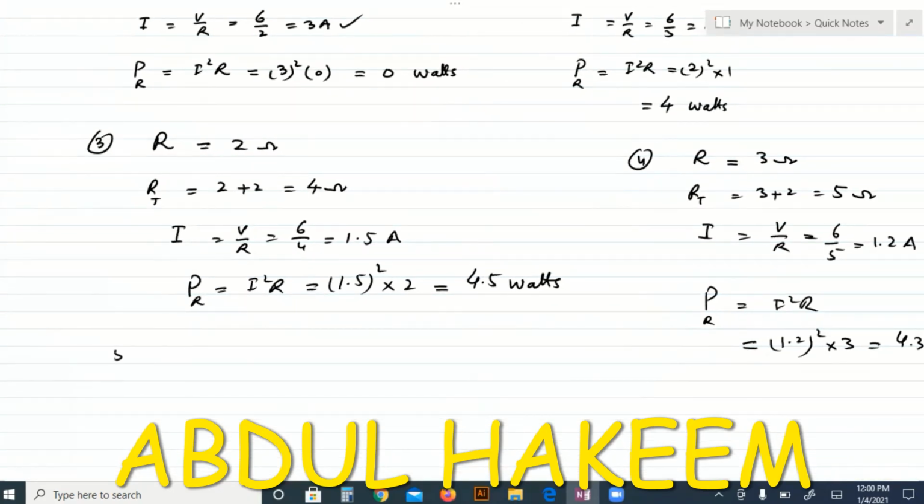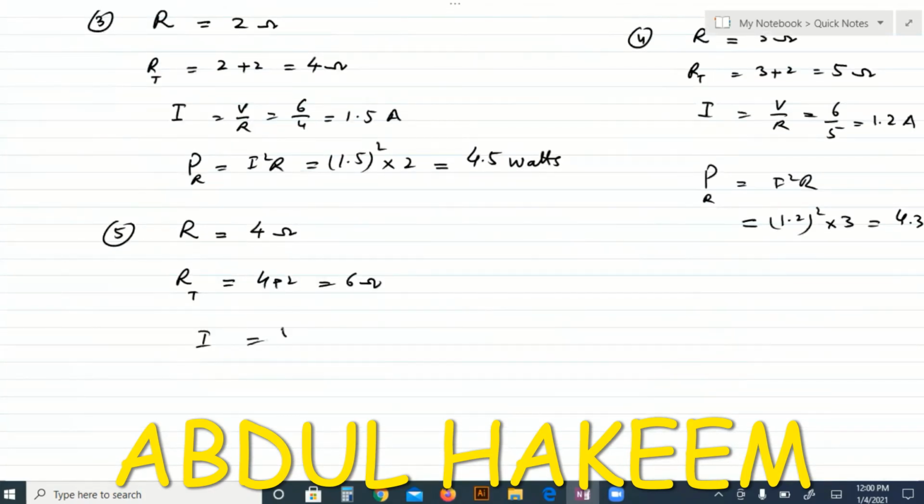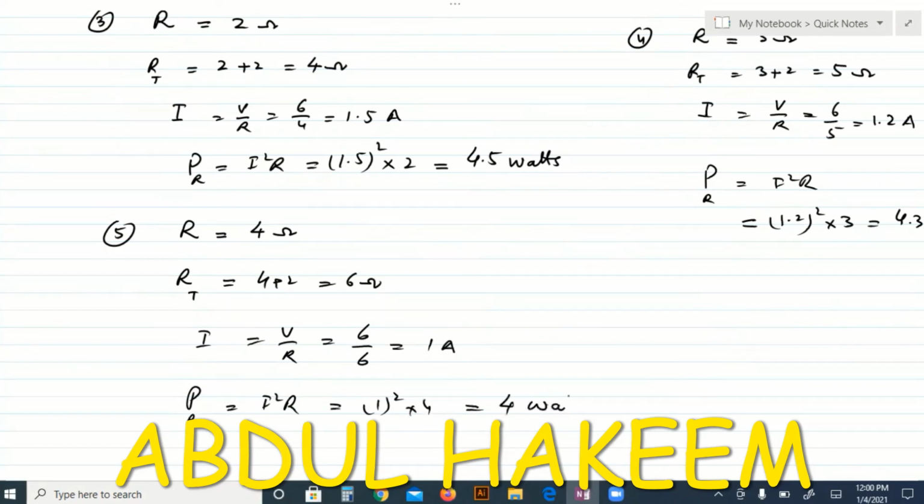Number 5, if the external resistor is set at 4 ohm, then the total resistance becomes 4 plus 2, it is 6 ohm, and the current I is equal to V by R. So 6 divided by 6, it becomes 1 ampere. So the power of the resistance is equal to I square R. So 1 square into 4, it becomes 4 watts.